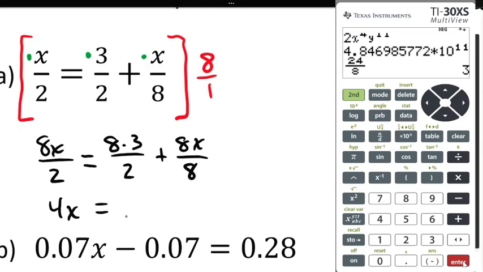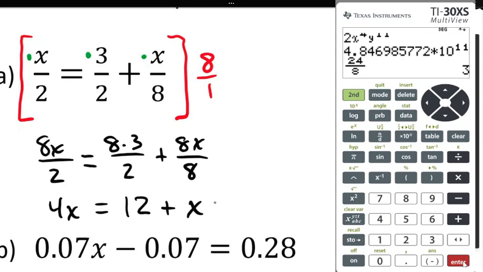It's going to equal 8 divided by 2 is also 4, and then 4 times 3 would be 12. So 8 times 3 over 2 is 12. And then finally, there's going to be a single plus the number x, because 8 over 8 is 1.